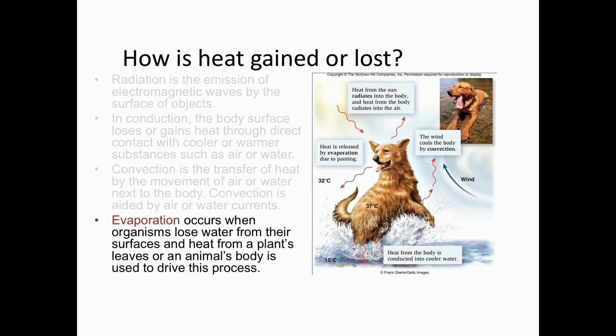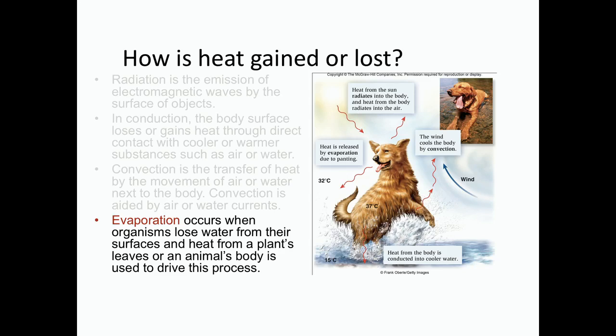The final mode of heat transfer is through evaporation, and this is when organisms have water on the surface of their body, and that water leaves the surface, and as it leaves the surface, it pulls energy with it. So this is how sweat works.